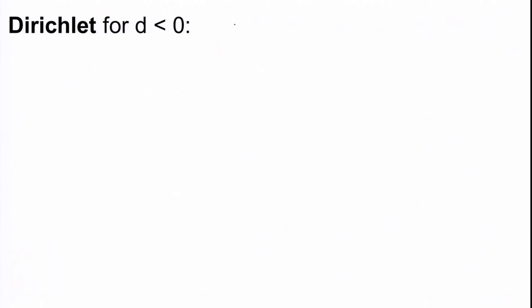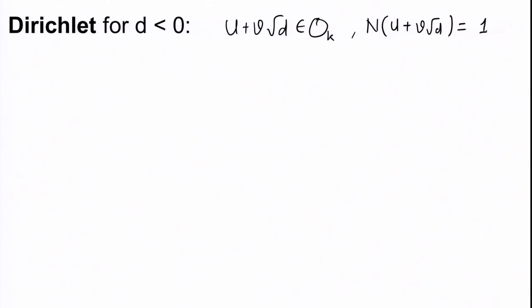We are going to describe all elements of the form u plus v root d in O_K, with the natural condition on u and v, with the property that the norm is equal to 1. So, we are looking at solutions to u square minus v square d equal to 1, and remember d is negative.